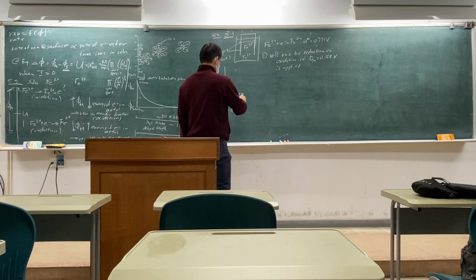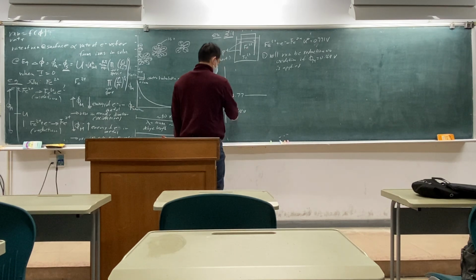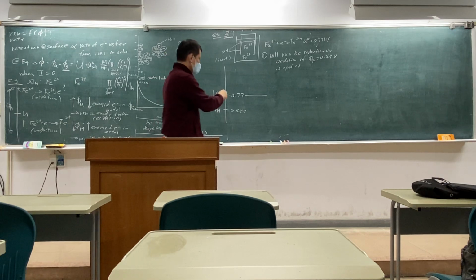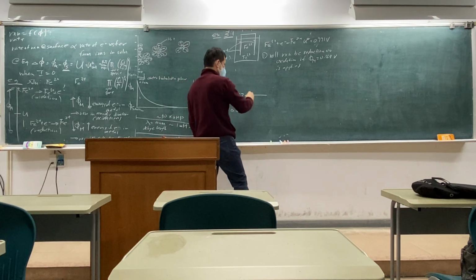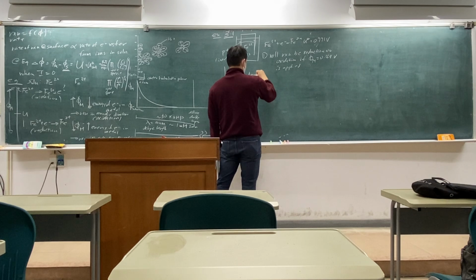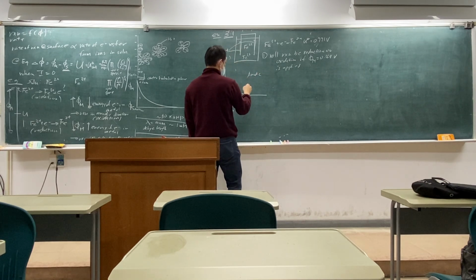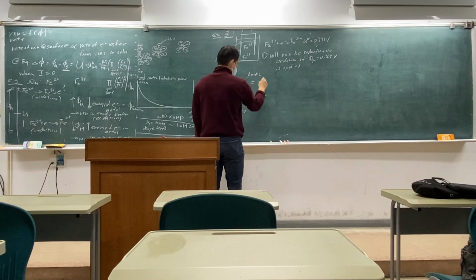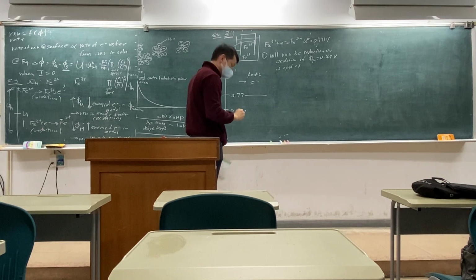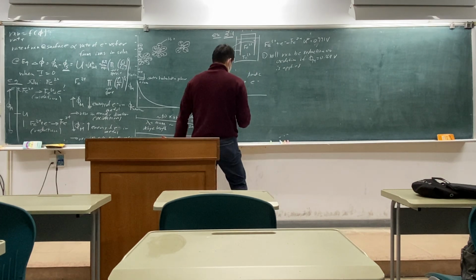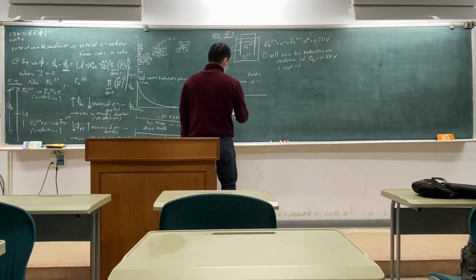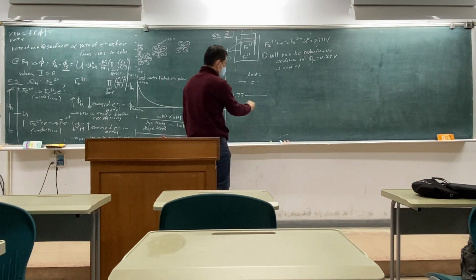Because we're lower than the equilibrium potential, everything above is in the anodic direction, which means it's going to give off electrons. Everything below the equilibrium potential is going to be cathodic.